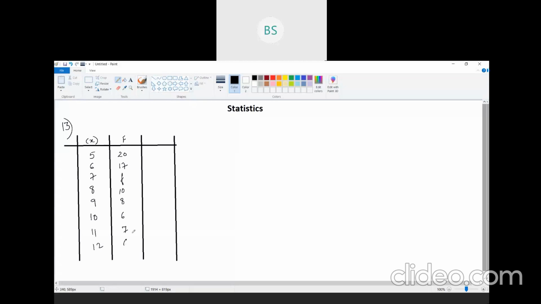Here we can see that the missing frequency is termed as f.